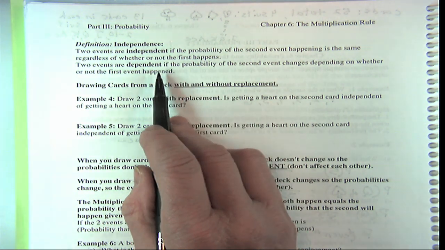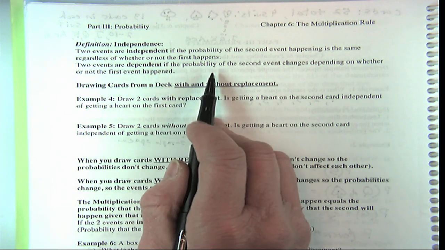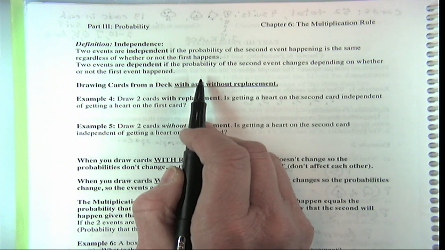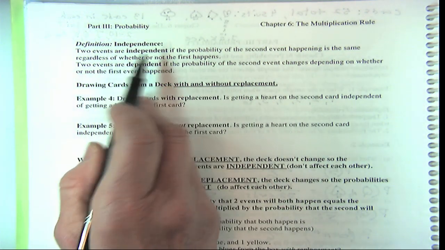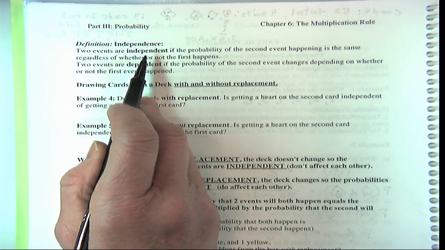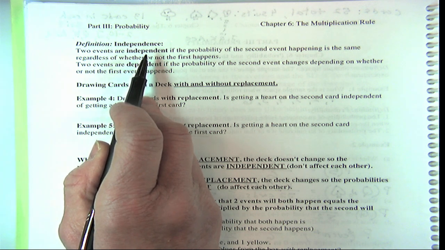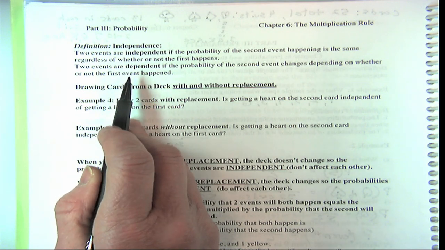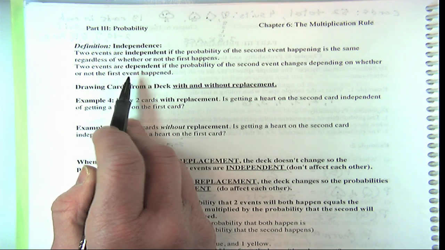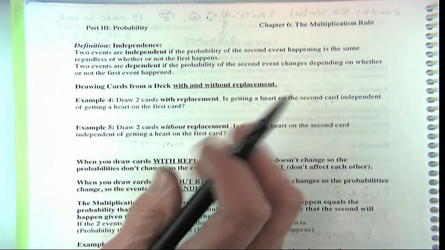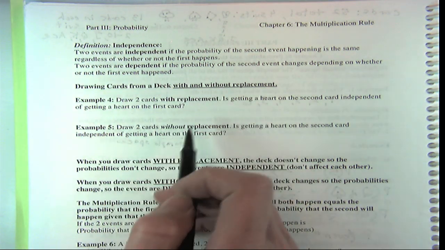And 2 events are dependent if the probability of the second event changes, depending on whether the first event happened. So rolling the dice is always going to be independent, but what you get on one roll does not at all affect what you get on the other. But if you draw without replacement, then the chances change, okay? And if you draw with replacement, they don't.